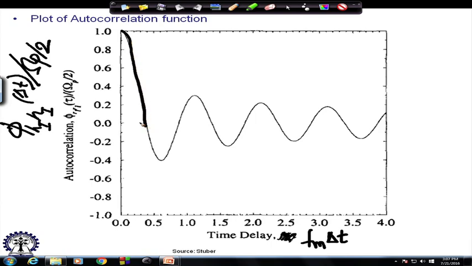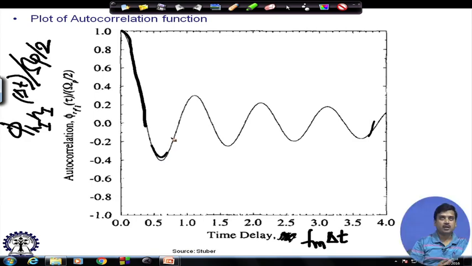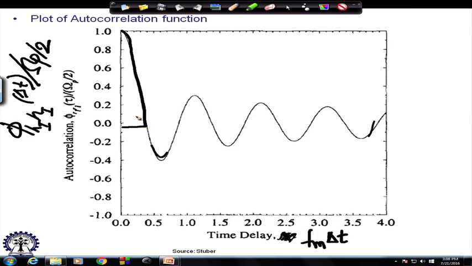Because of the assumptions that we have made, we are getting a damped oscillation about 0. So there might be negative values, but of course this is a model, and there are problems which come with a particular model. What we would be interested in fundamentally is the range where the correlation coefficient drops to very small values, and since this axis is plotted with f_m delta t, we can use this particular figure for any values.